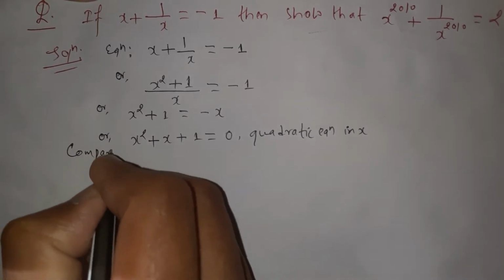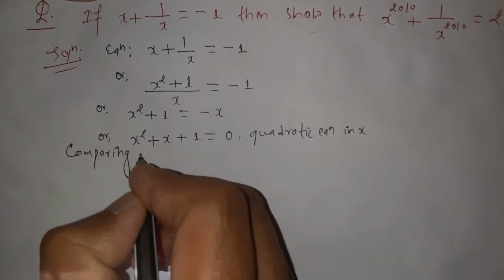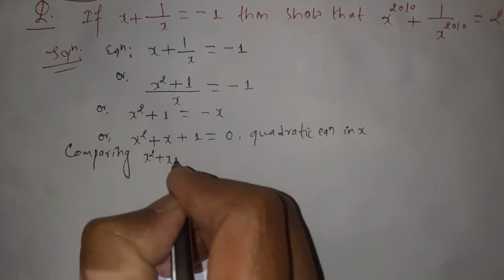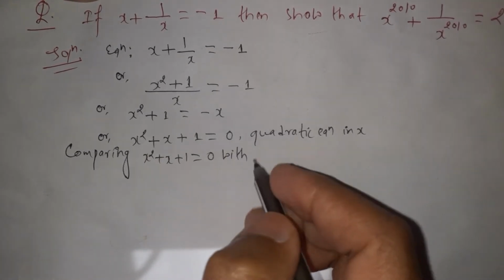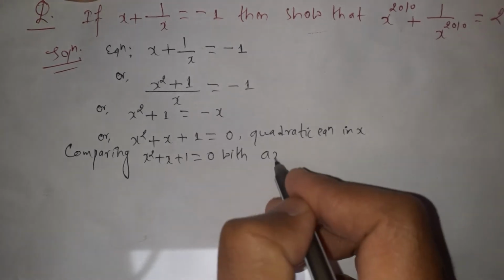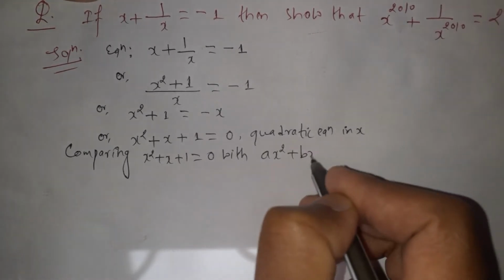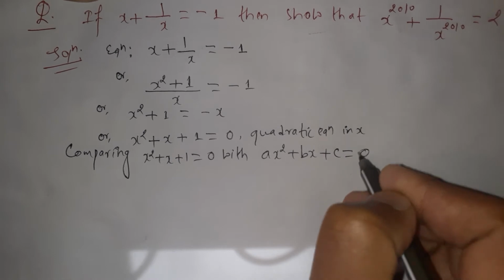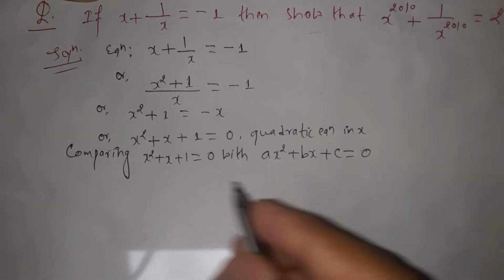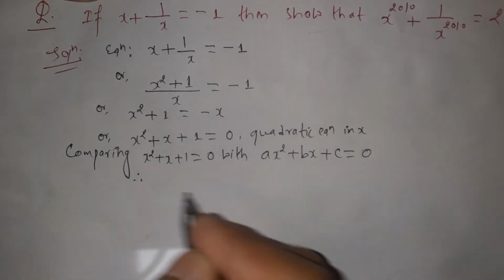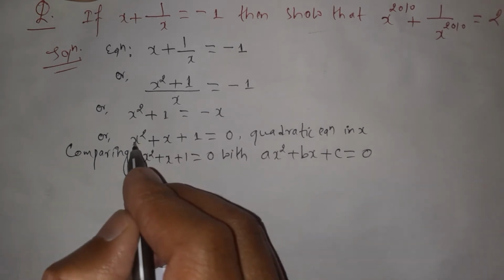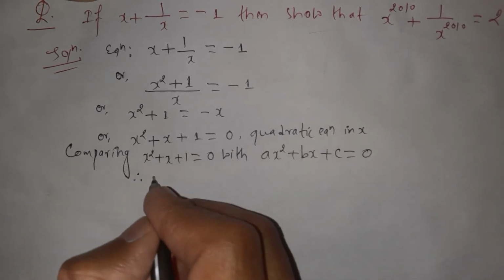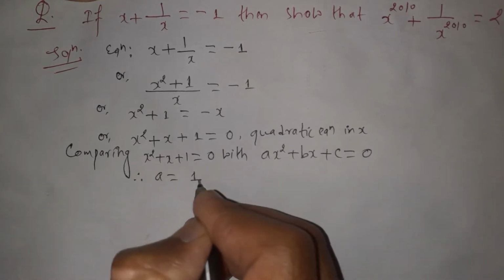So comparing the equation x square plus x plus 1 is equal to 0 with the standard form of the quadratic equation, which is a x square plus bx plus c is equal to 0. Here a is the coefficient of x square. In this equation the coefficient of x square is 1, so the value of a is 1.